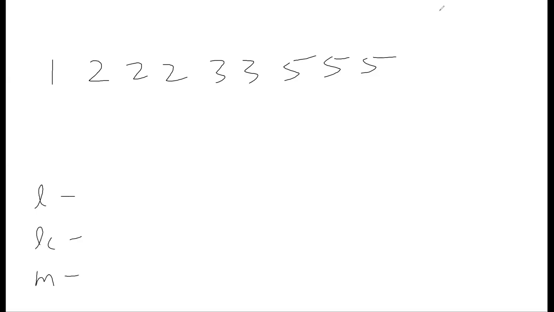Initially the last character is empty, the count is 0, and the max length is, suppose, minus infinity. Now I'll consider the first element, and this is not the same as the last character. I'll increment the count and set the character to the first one. So my last character will be 1 and the count will increment to 1.